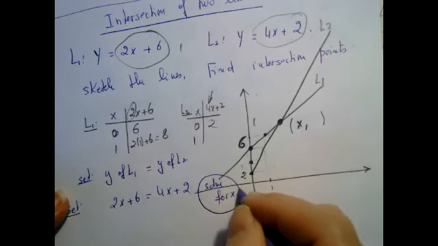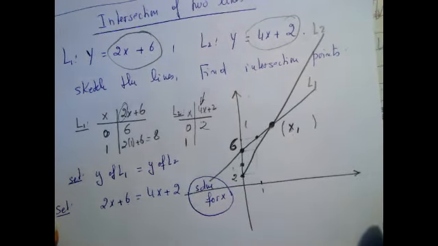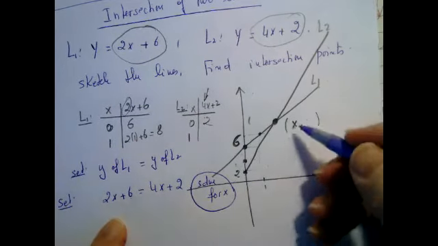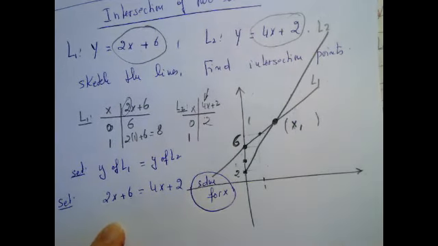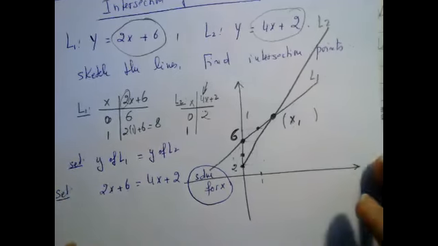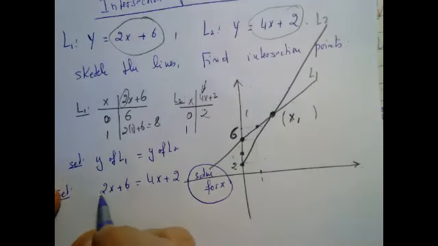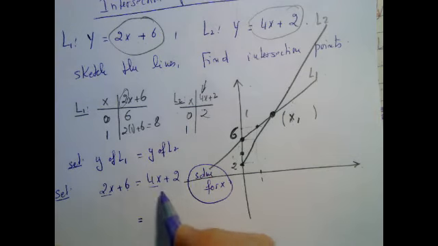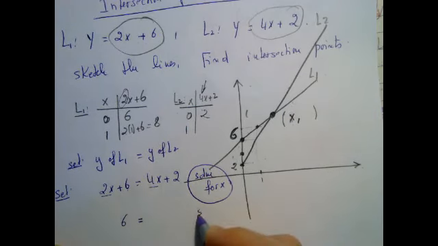So we set the y's equal to each other. It means I find the x so that if I plug it in either, I get the same value. So let us solve for x. I have 2x here, 4x here. To solve for this x, I have to isolate my x's. So I'm going to subtract 2x from both sides.